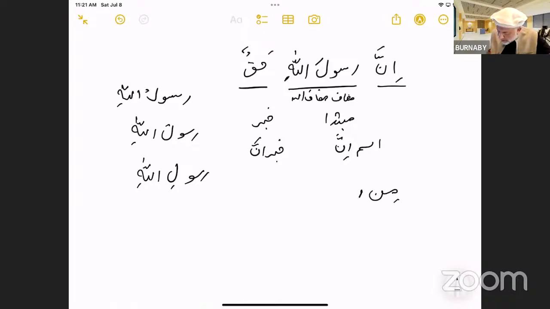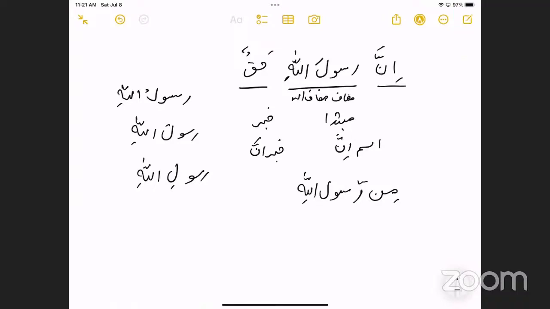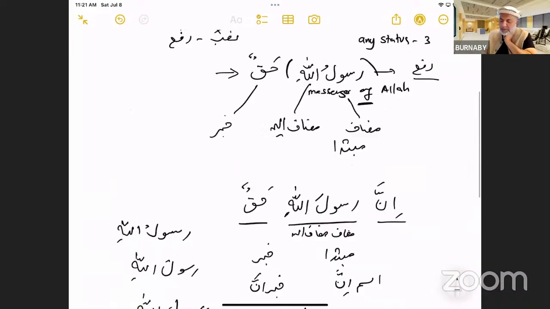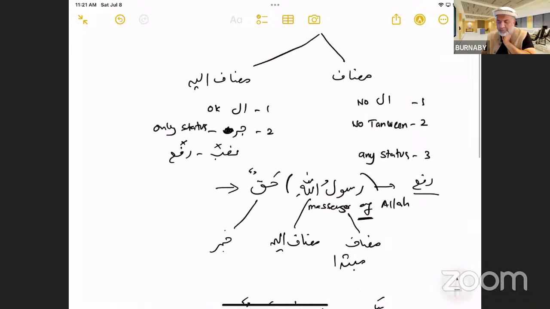Min Rasulillahi. So what am I trying to tell you here? I am saying that mudaf will have no al and no tanween, but any of the three statuses are allowed on the mudaf. You get the moral of the story?